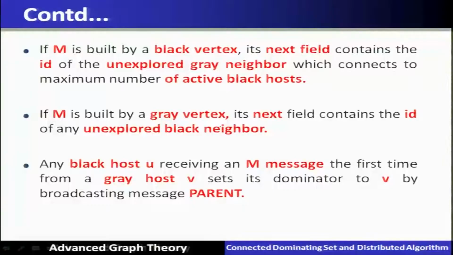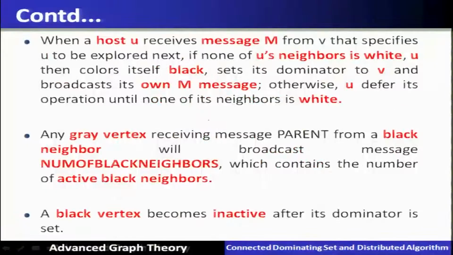M is built by the gray vertex. Then the next field contains the ID of the unexplored black neighbors. So either M is built by the black vertex or by the gray vertex. Any black host receiving message M for the first time from the gray host V sets its dominator to V by broadcasting the parent message.